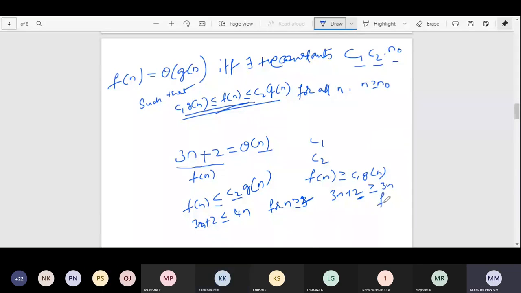Okay. So for what values? n is greater than or equal to 1. And now what is the C1 value? C2 value is 4 and C1 value is 3. Yes or no?